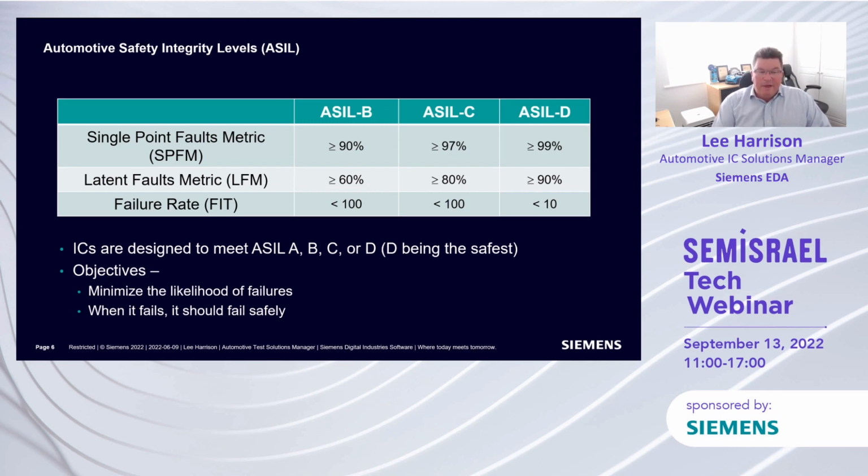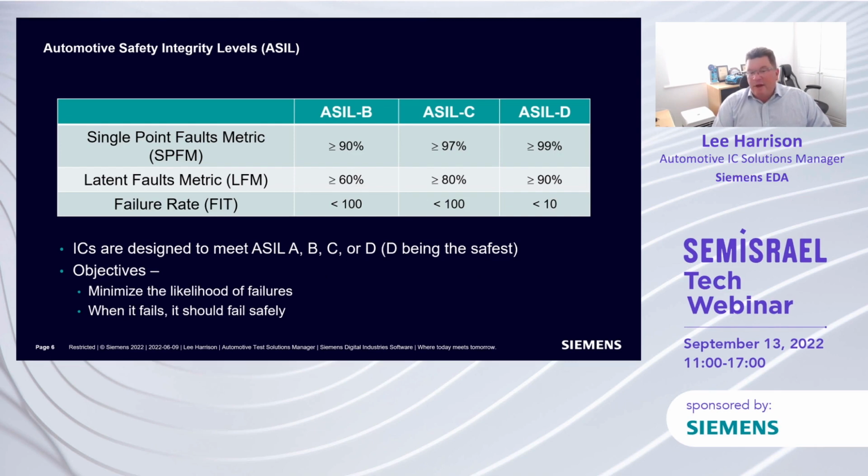A couple of other numbers there. The latent fault metric is really referring to when we see potentially 2 defects that are kind of aligned. An example here is if we have a single point fault failure in the functional logic, and then we also have a single point fault in the safety mechanism which is detecting those faults, which essentially masks that detection, then we refer to that as a latent fault.